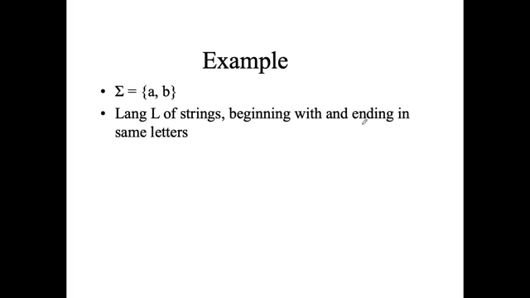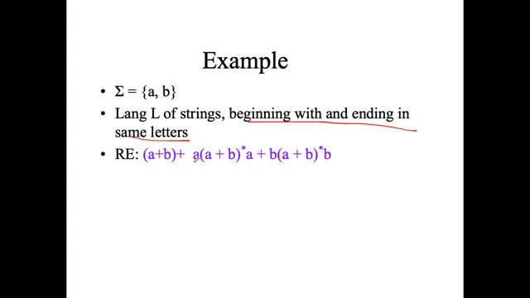This was another example. Language L of strings beginning with and ending in same letters. So this is beginning with A, ending in A, beginning with B, ending with B. Similarly, single A and single B are also strings that begin and end at the same letter.